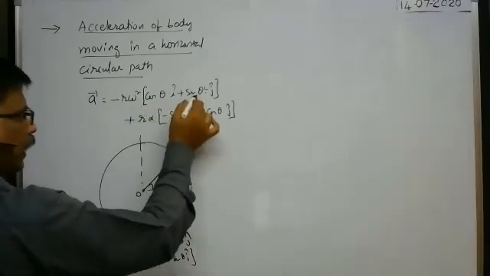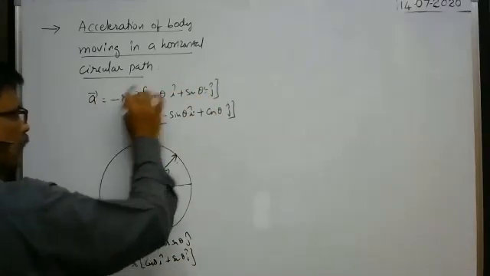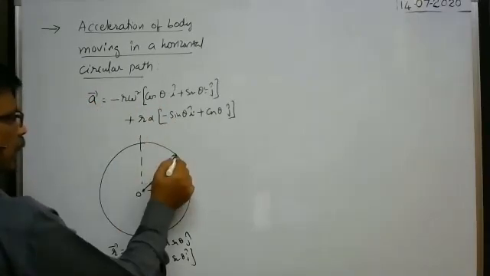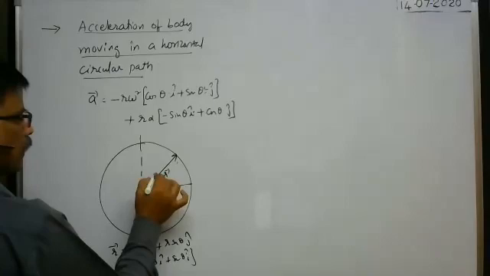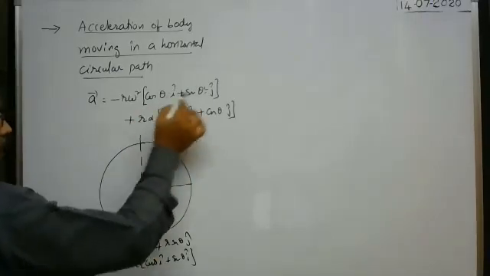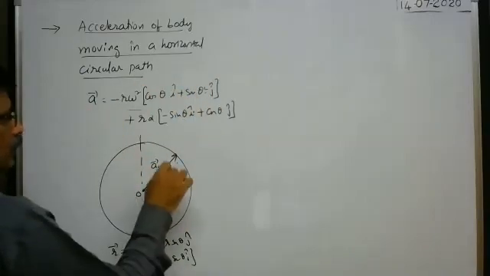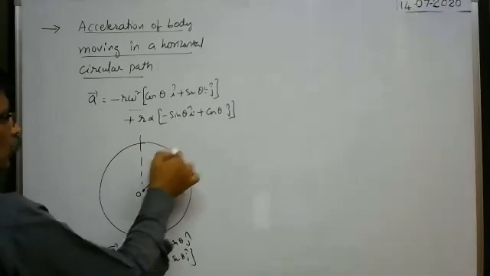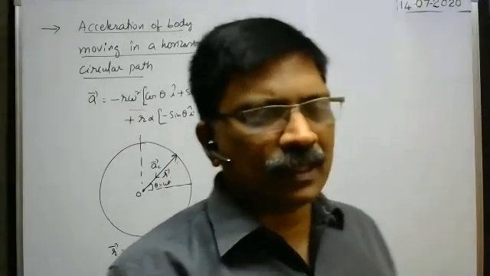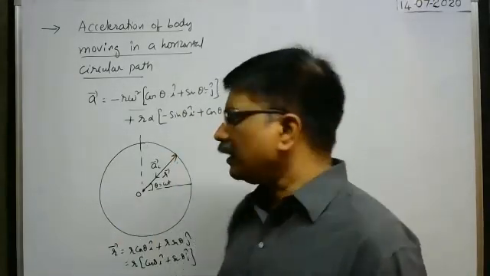Minus of cos theta i cap plus sin theta j cap means this component of the acceleration vector is opposite to the radius vector, no? Opposite to the radius vector means that is the centripetal acceleration, AC bar. That means this is the component of total acceleration of the body moving along the horizontal circular path that acts on the body towards the center. Any acceleration possessed by the body moving along the circular path which acts towards the center is called centripetal acceleration.